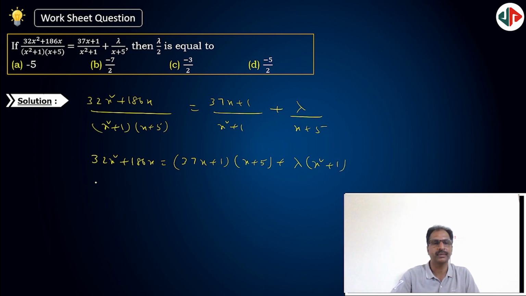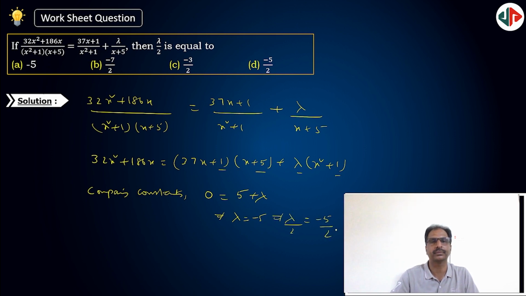The question is finding lambda here, comparing constants on both sides. By comparing constants, left hand side 0, right hand side, here you get 5 into 1, 5. Here you get lambda into 1, lambda. So lambda is minus 5, which implies lambda by 2 will be minus 5 by 2. Option D.